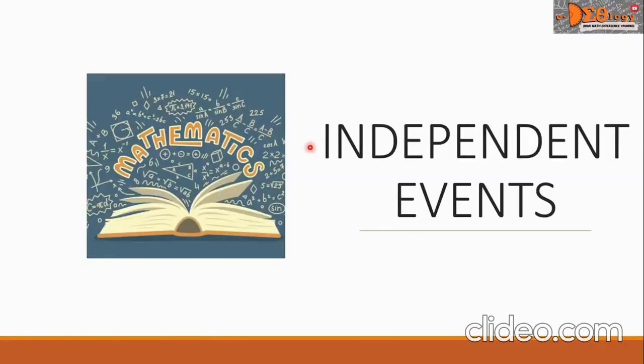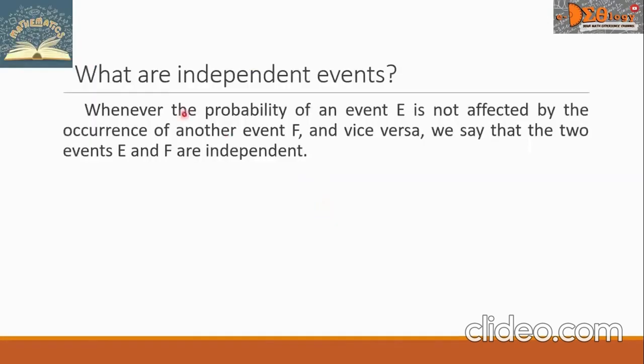Today we're going to study independent events. What are independent events? Whenever the probability of an event E is not affected by the occurrence of another event F and vice versa, we say that the two events E and F are independent.